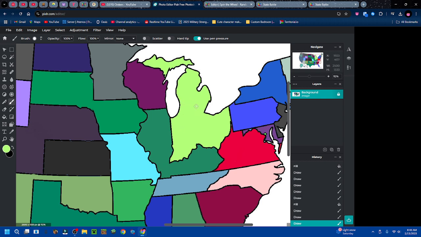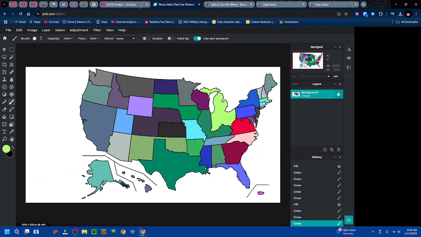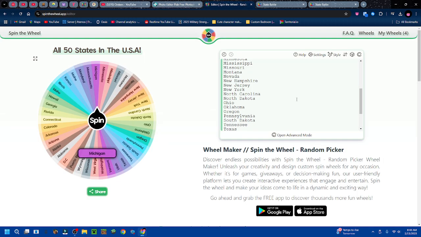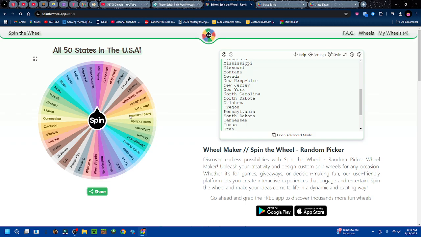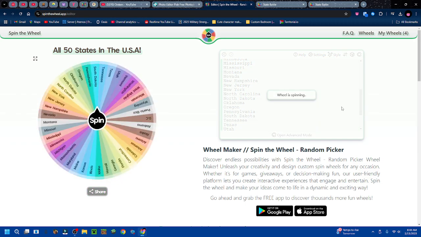Michigan, Indiana, Ohio. Yeah. But that's all for that. So let's spin the wheel. What am I doing? Ohio gets eliminated, and we'll spin the wheel.